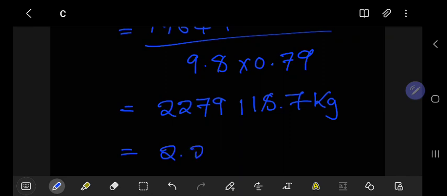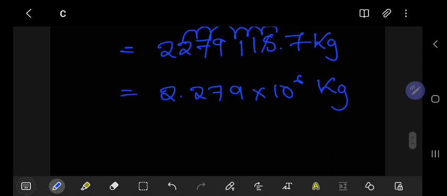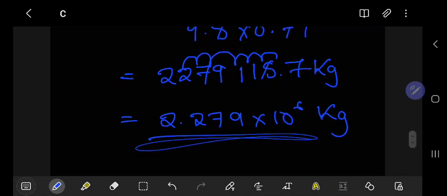I say 2.279 times 10 to the power, moving this 1, 2, 3, 4, 5, 6 places, kilograms. Yeah, we can say 2.279 mega kgs. So basically this is how you find the mass of the car and the load. Of course, here the assumption, I think this is fine, this works out.